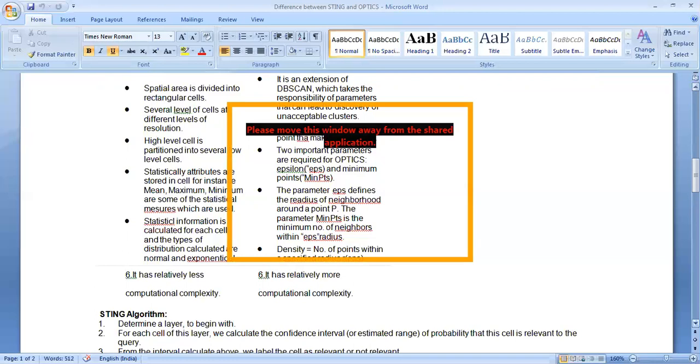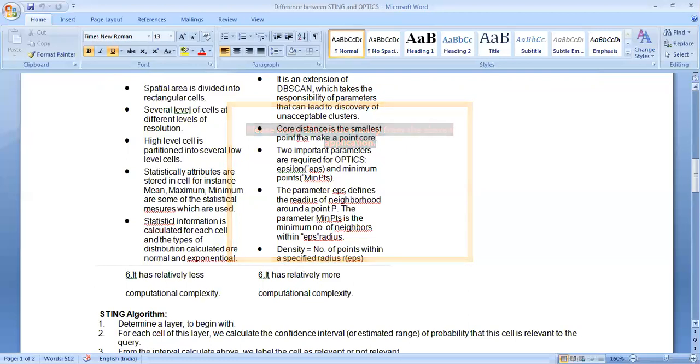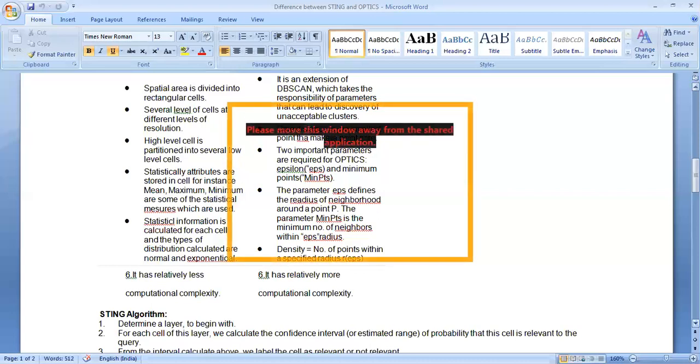The higher level cell is divided into smaller size grids, and by calculating the parametric values of the smaller grids, we can compute the statistical values of the higher grid. Just by combining the parameters of the smaller grids, we can calculate those of the upper layer, larger size grid.